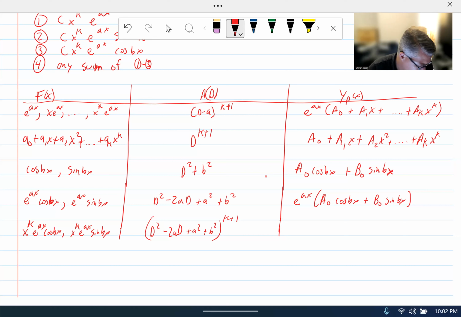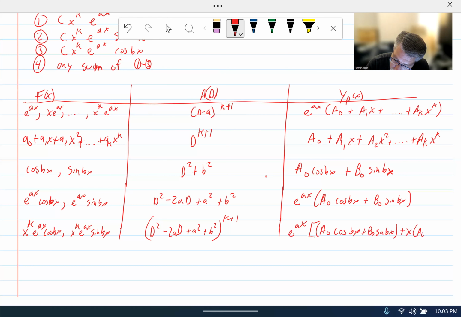What would I use as my particular solution? Well, it's pretty long actually. It's e to the ax times a naught cosine bx plus b naught sine bx, so that would be the first one, plus, and then if we had the next term, that would be an x times the same thing.